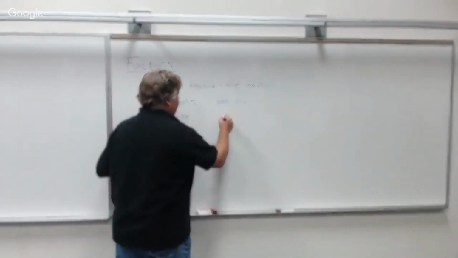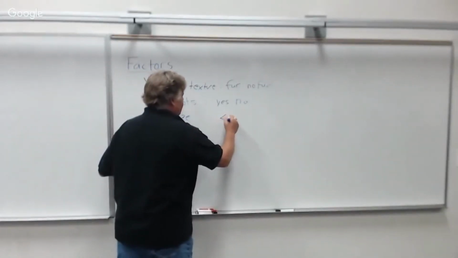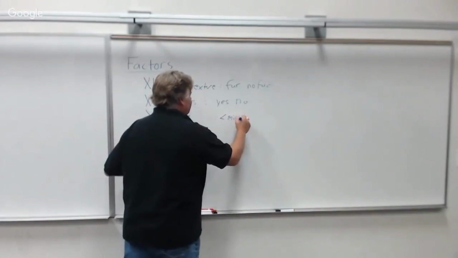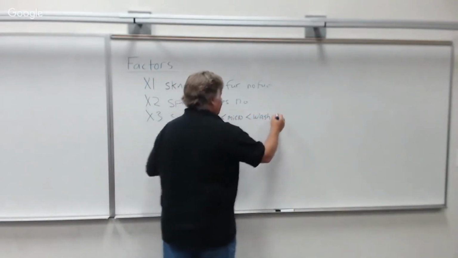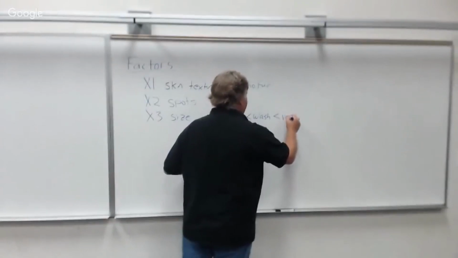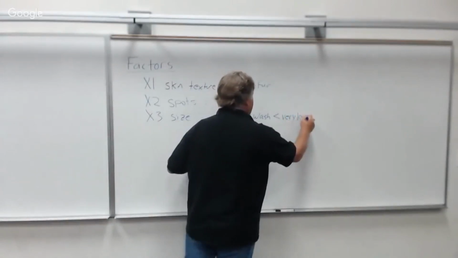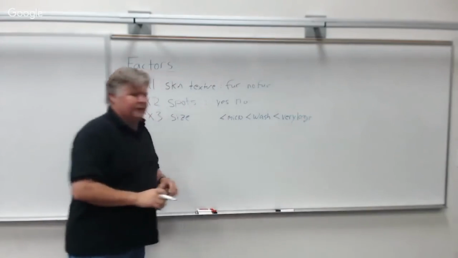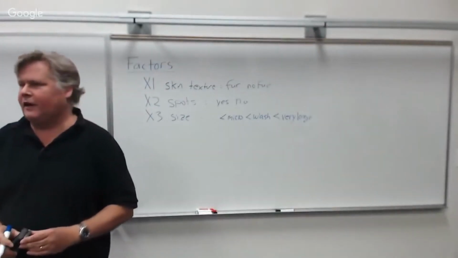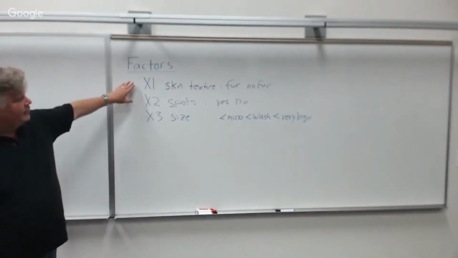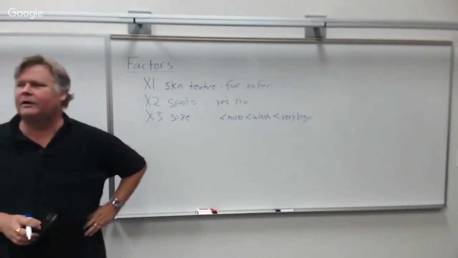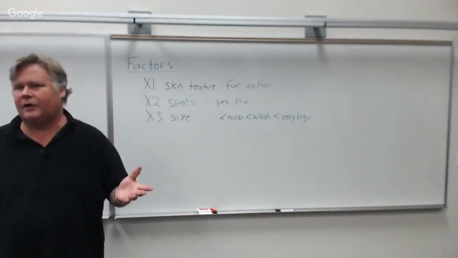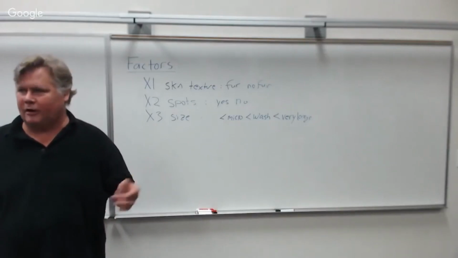So essentially we have microwave, washing machine, size, and very large. You get the idea. So in its system somewhere, it has a number of these factors, and then it asks questions regarding them.